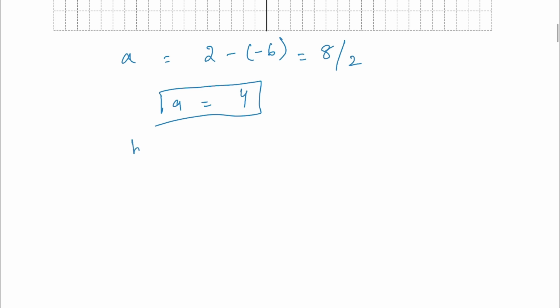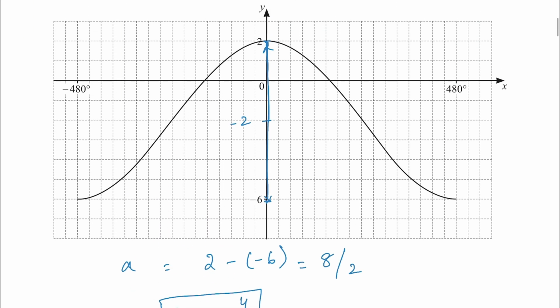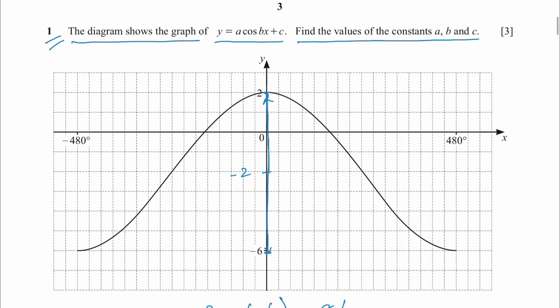Now, for b, what we can do is have a look at the graph. This is basically half a wave of cos. If you look at it carefully, this is half a wave of cos, which, if we plot cos x, this points to 180 degrees.